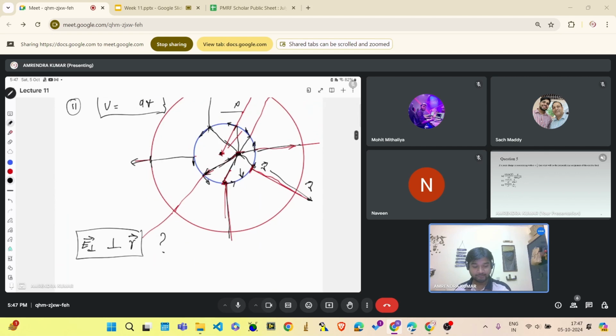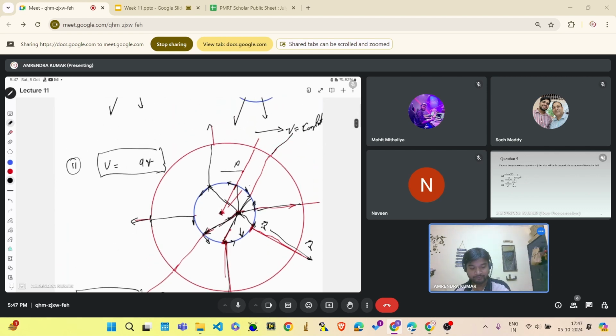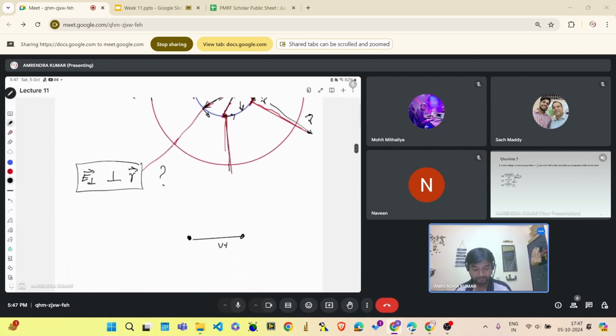If it moves some distance, in this direction it will be the same, but in this direction there will be much change, right? This change makes angle theta. So you can just write it like this.